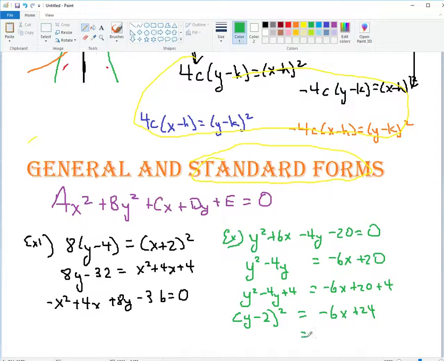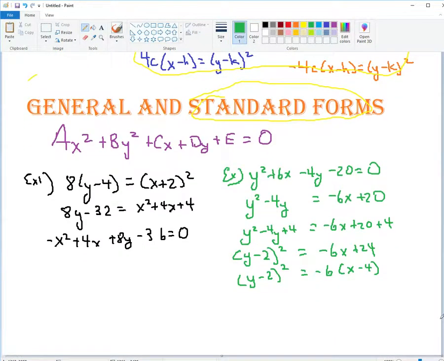Factor that out as well. So you take out a negative 6 and you get x minus 4 on that side, and then y minus 2 squared. Okay? And now we've converted from standard to general, and then from general to standard.